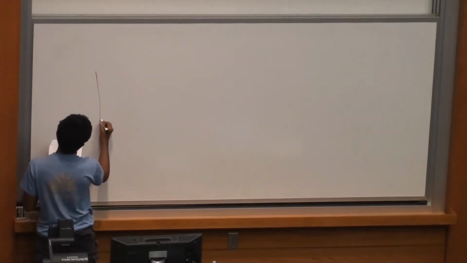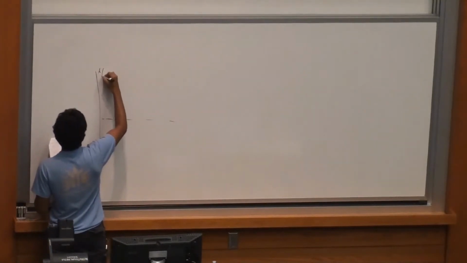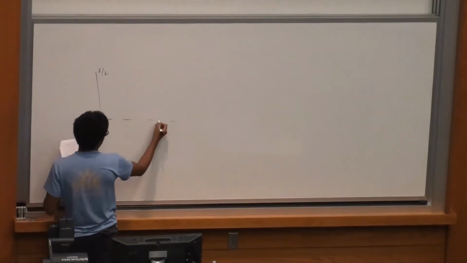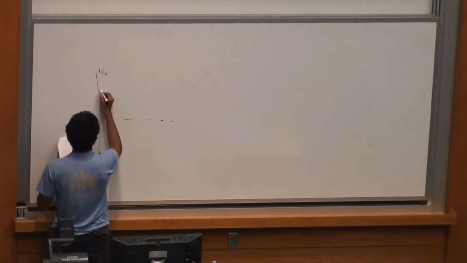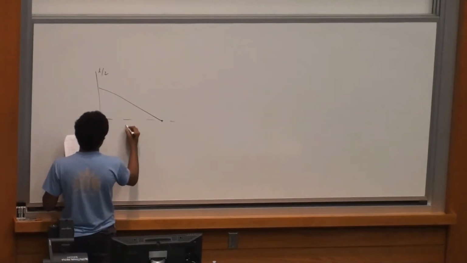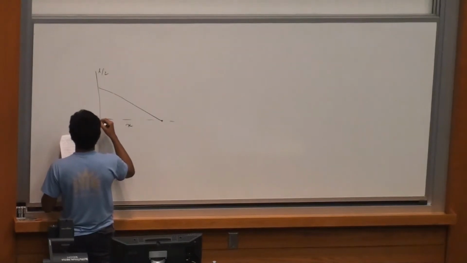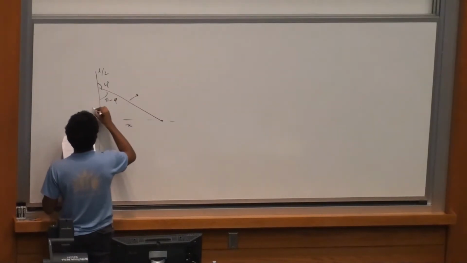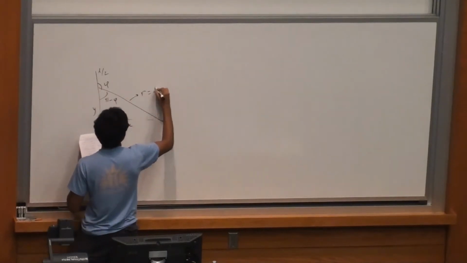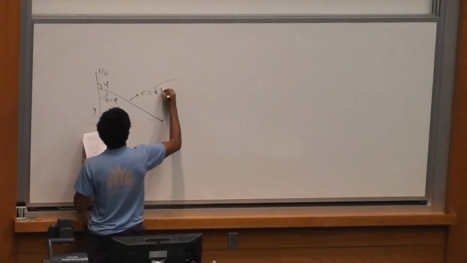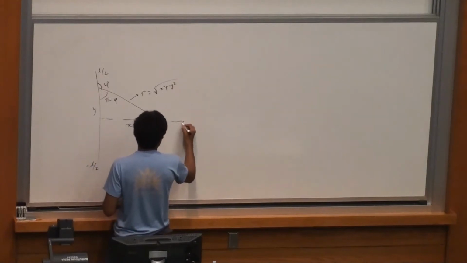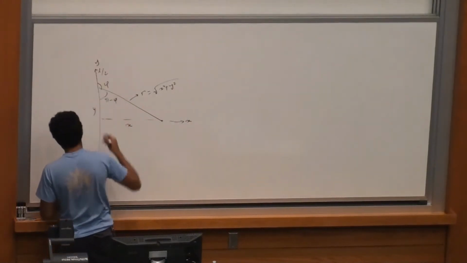Length L, so let's say this is the 0 point, so it's L over 2, minus L over 2, some point P here, current going up there, so this is my distance x, calling this angle phi, this would be pi minus phi, and this part here is y, so r equals the square root of x squared plus y squared. This is my x-axis, y-axis.